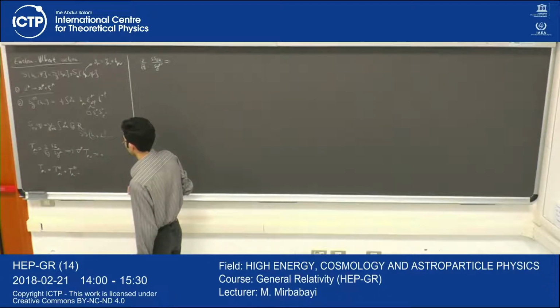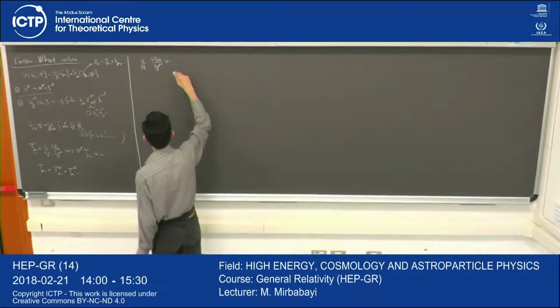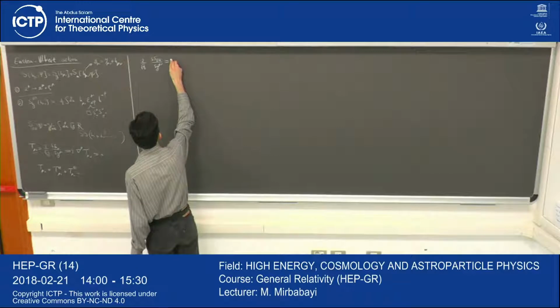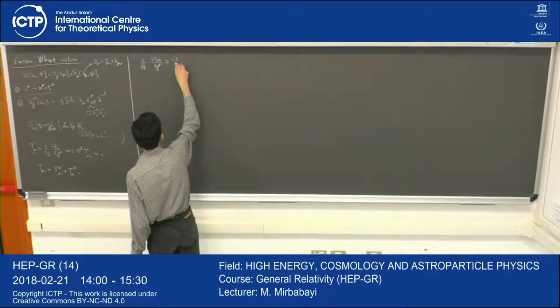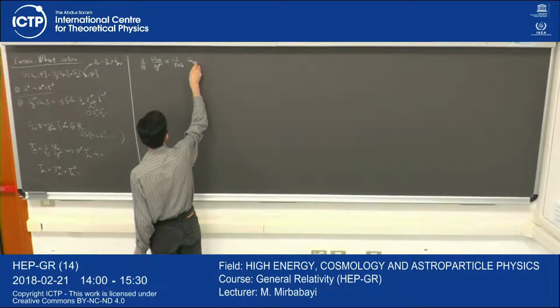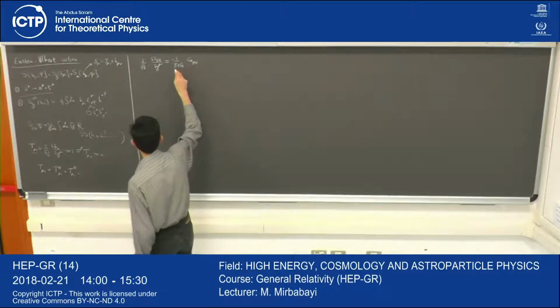Okay, so if I do variation of this, what we get is something that I call big G mu nu, called the Einstein tensor.